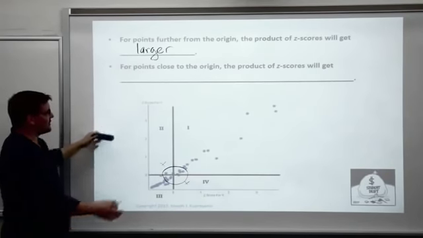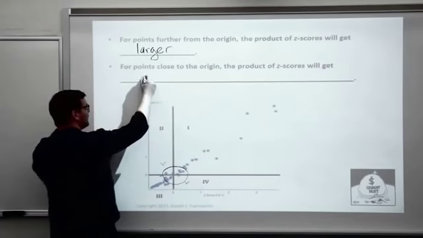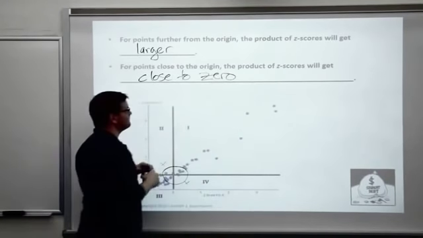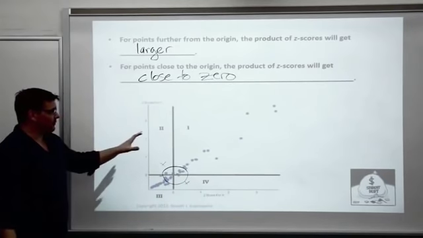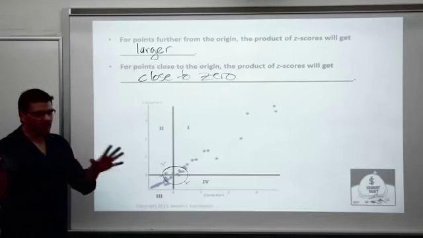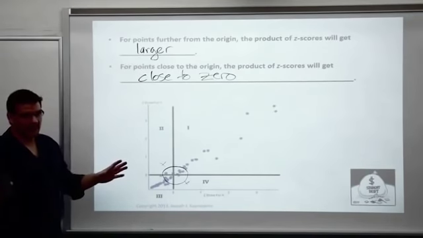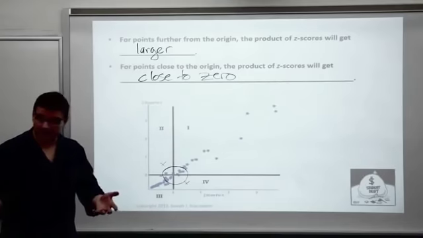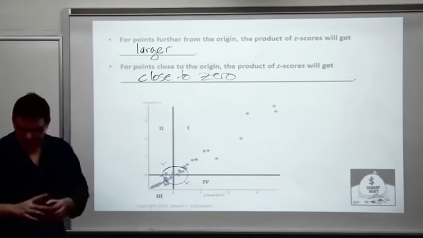For points close to the origin, the product of the z-scores will get close to 0. It's super important when we're working with correlations to check those scatter plots. If you have one outlier in there, it can throw the whole thing off. So you want to investigate that point, make sure it's not a typo or an error, and that it really does belong in that data set.